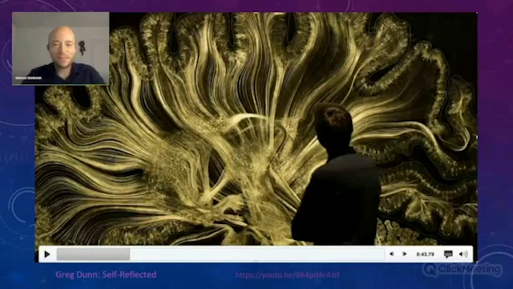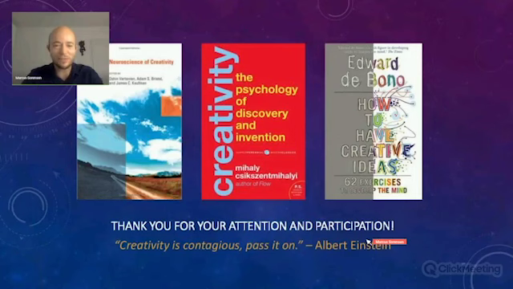So we are coming towards the end now of the presentation, and I have just two more things for you. The first one is this slide here that shows you the books that a lot of the information was gathered from to associatively create this seminar for you today. Edward de Bono's How to Have Creative Ideas has a lot of exercises in it to do with lateral thinking, parallel thinking, lots of other approaches to generate ideas.